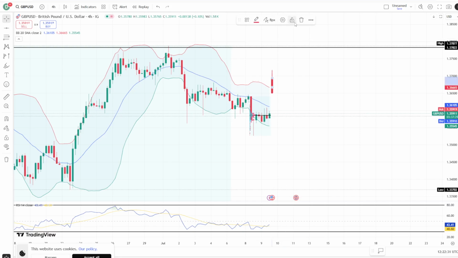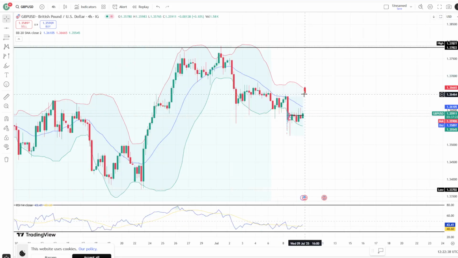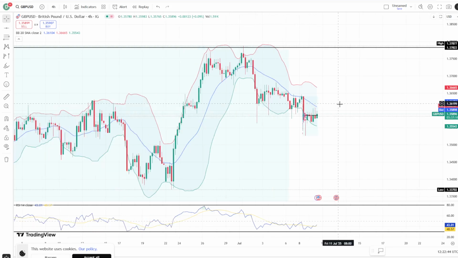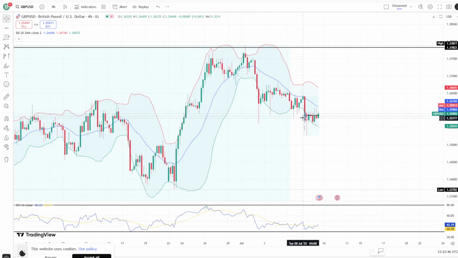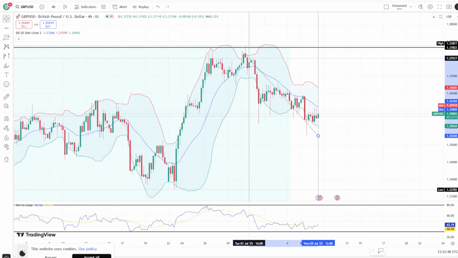So let's all remember that money has to be a unit of account, a medium of transaction, and a store of value.